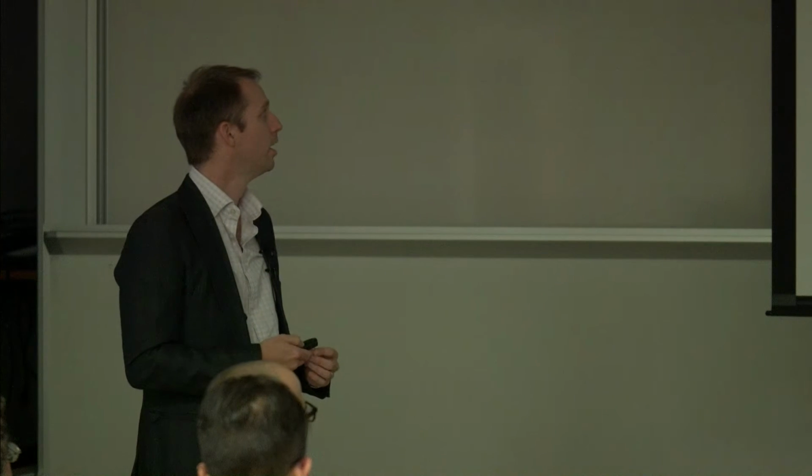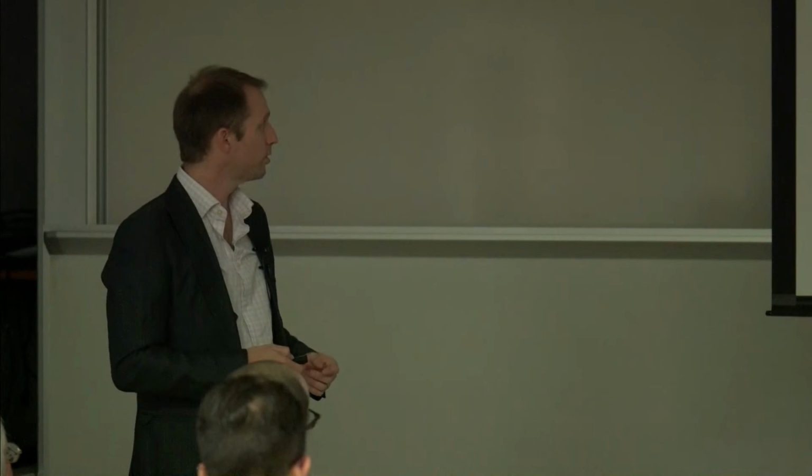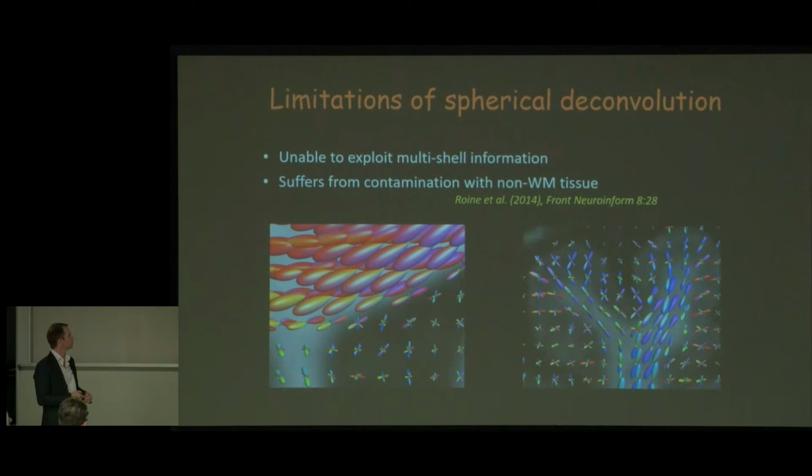But yeah. So for multi-shell data, we have great opportunities. So the initial motivation for this, even though that's not how I saw it: spherical deconvolution inherently, as it was framed, was unable to really exploit the multi-shell information.